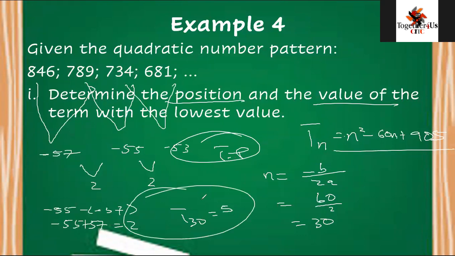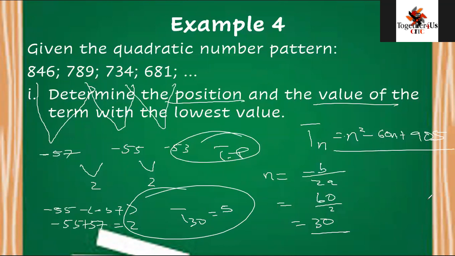So which term will have the lowest value? That is term number 30. And what is that value? It is actually 5. If you are doubting, you can go ahead and try all terms that come after 30. You can go, maybe you want to say 35, try that 35 squared.